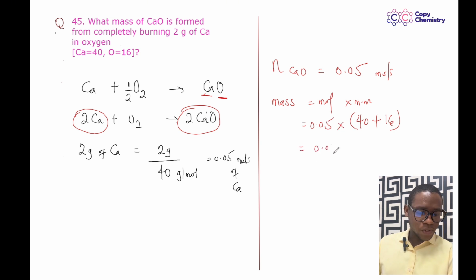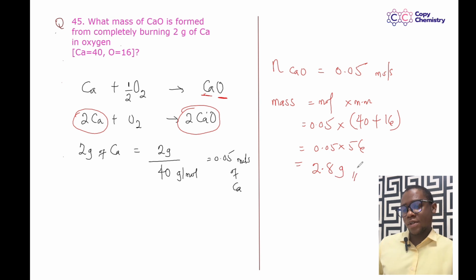So this should be 0.05 multiplied by 56, which should give us, what should that be? 2.8 grams of CaO.